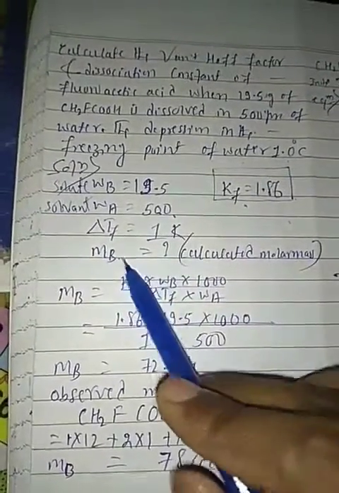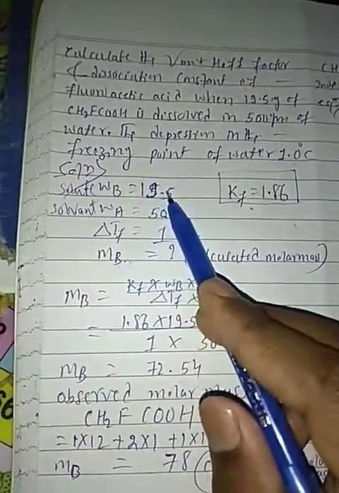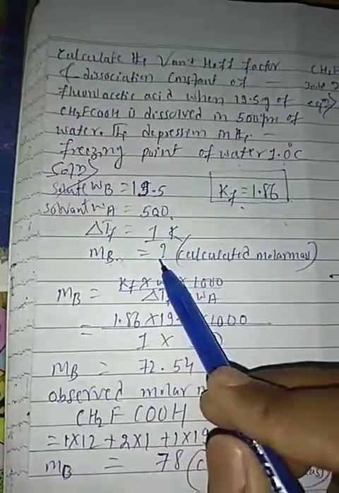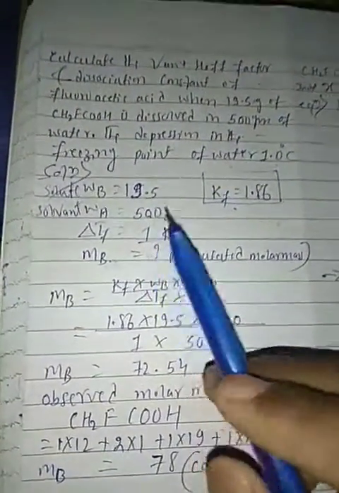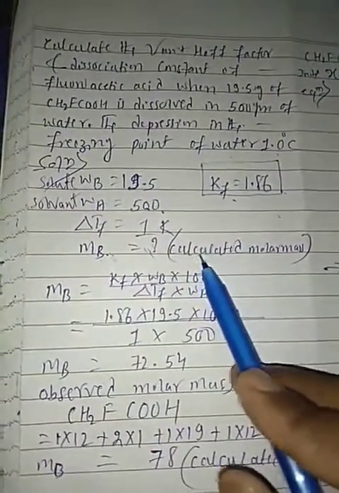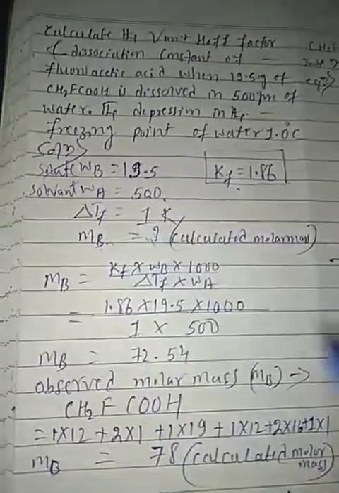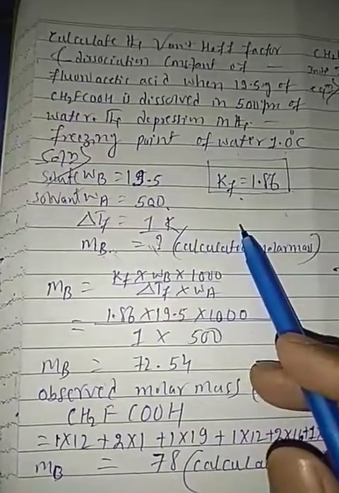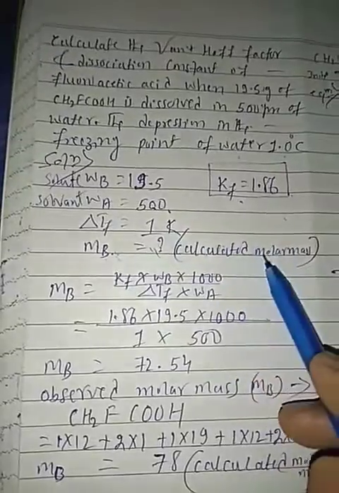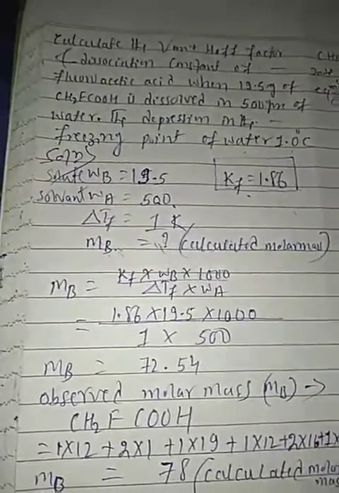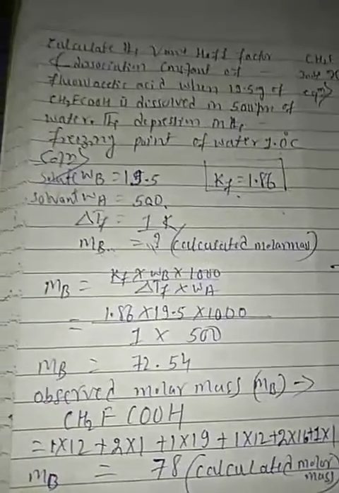So MB, we have to calculate here. The mass of solute is given, the mass of solvent is given, the molar mass is not given. So we have to calculate the molar mass. This calculated molar mass we compare with the observed molar mass. Then what kind of difference will be observed?